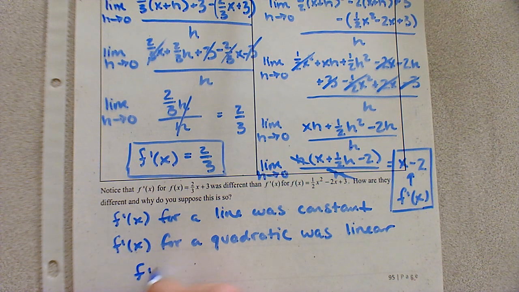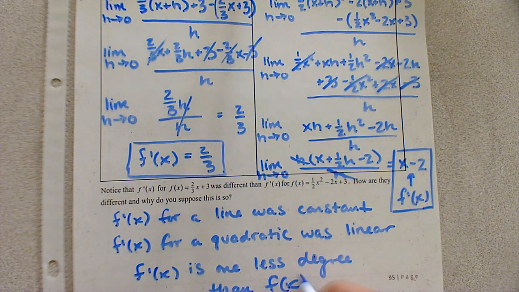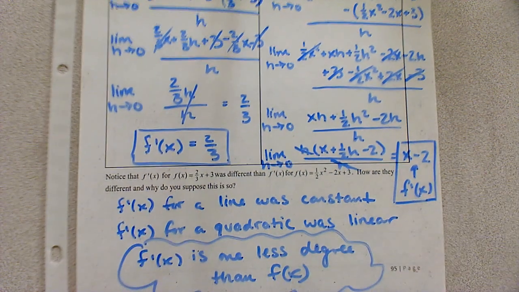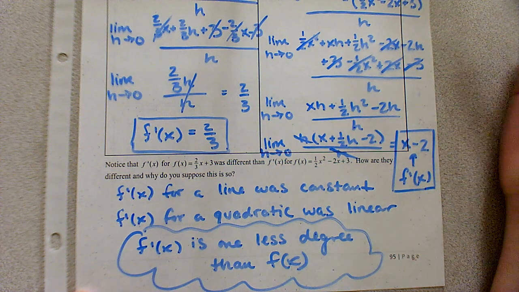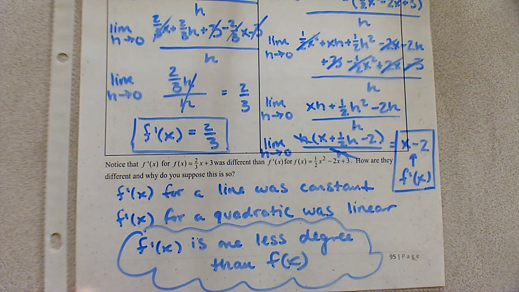So maybe we can say f prime is 1 less degree than f of x. So this is a good pattern for us to realize now, and when we start to get a little bit deeper into these derivatives, it's going to make even more sense. But for now, at least it's a good pattern to be aware of and recognize.